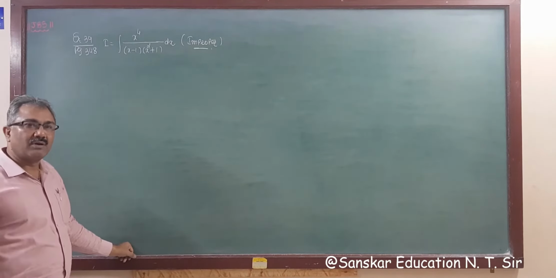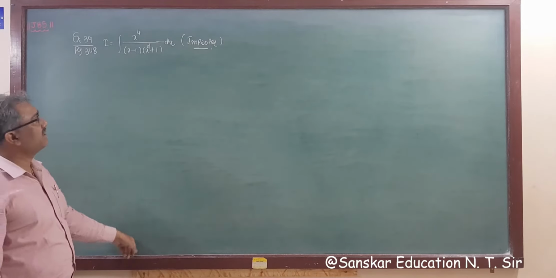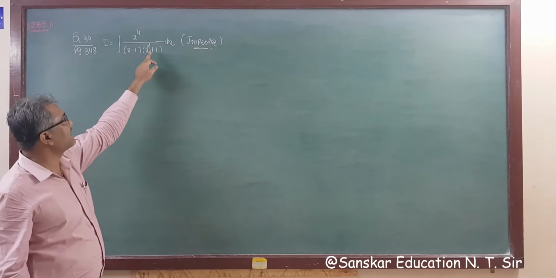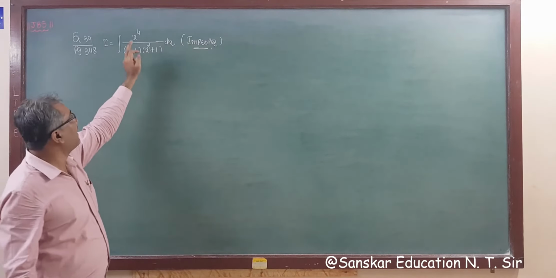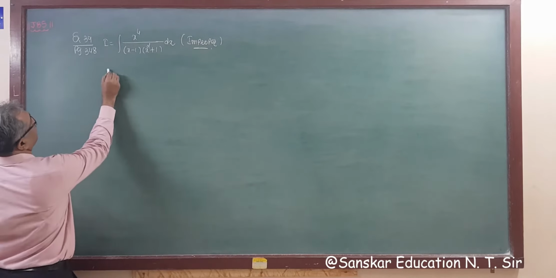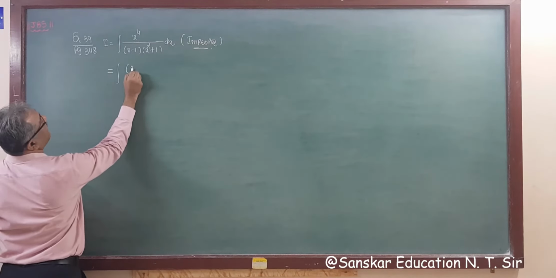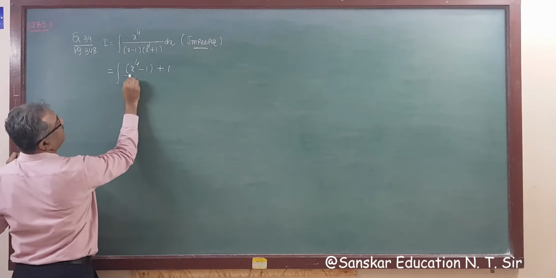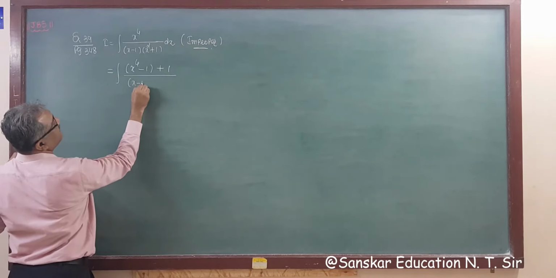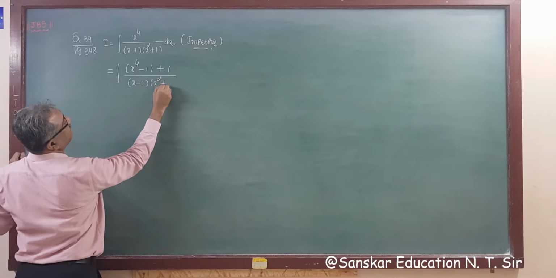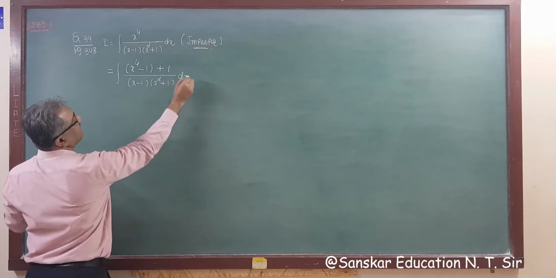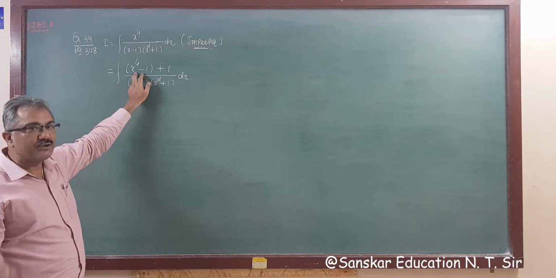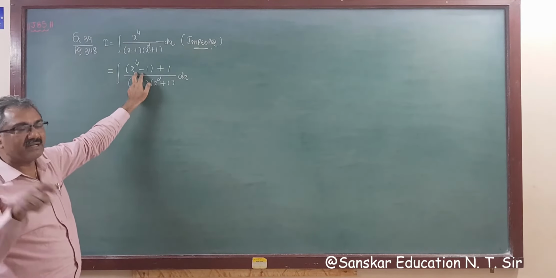Instead, just see here: this is x minus 1, this is x square plus 1. If I subtract 1 from here, it becomes x raised to 4 minus 1, and adding 1. So subtracting 1, adding 1, over x minus 1 into x square plus 1 dx. Now the factorization of a raised to 4 minus b raised to 4, that you know: a minus b, a plus b, a square plus b square.